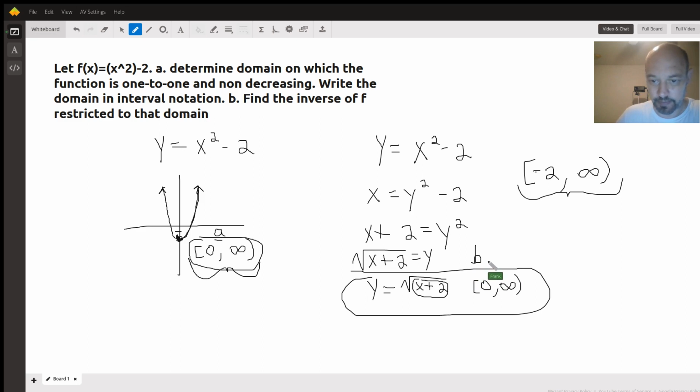So there's B. The inverse function is y equals square root of x plus 2, and the domain restricted to the domain in which the original function is one-to-one and non-decreasing is 0 with a square bracket, comma, infinity with a curvy bracket. So there it is.